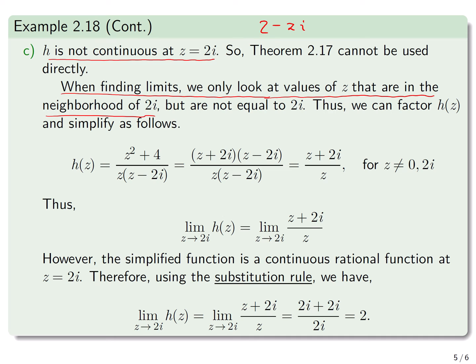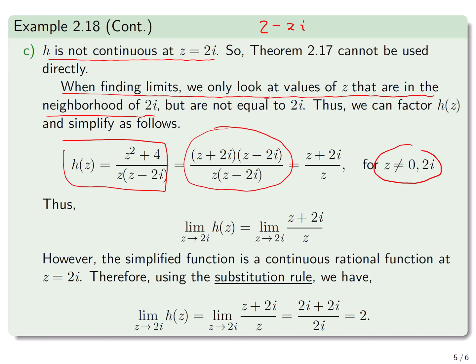Under that condition, you can factor the given function. When you factor, you are assuming the values are not equal to 0 and not equal to 2i. So you can cancel these two factors because they are not 0, and you can simplify it.